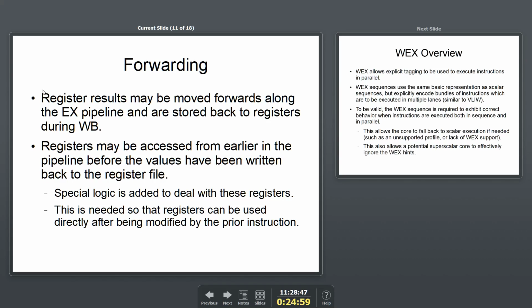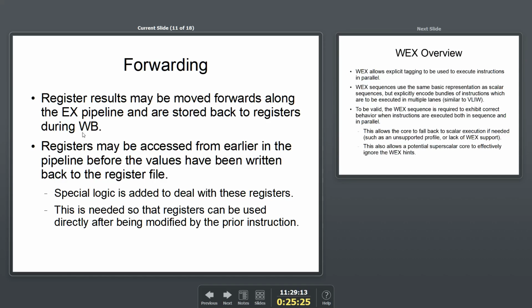Forwarding. Registered results may be moved forwards along the execute pipeline and are stored back to registers during write back. So basically, that's how it works normally. Registers may be accessed from earlier in the pipeline before the values have been written back to the register file.